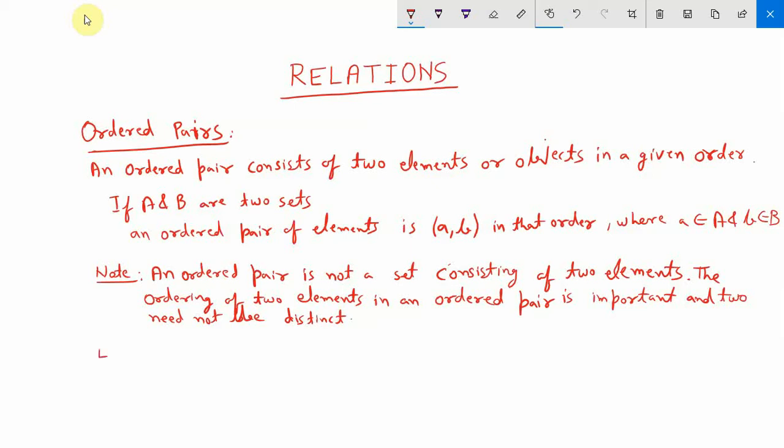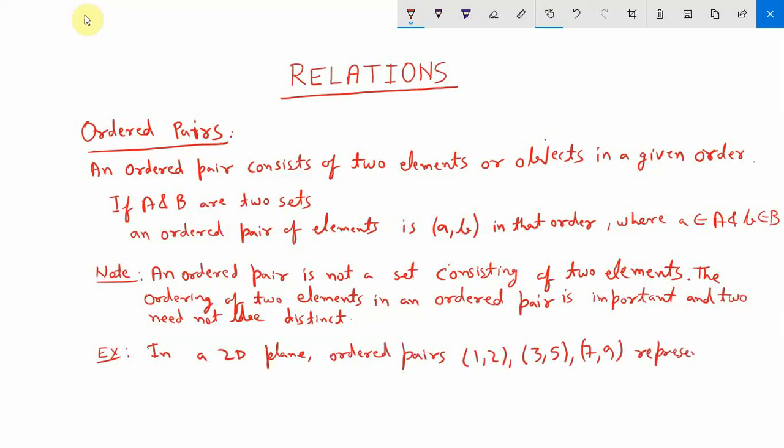So we can write, for example, in a 2D plane, ordered pairs like (1, 2), (3, 5), (7, 9) represent different points in a plane.